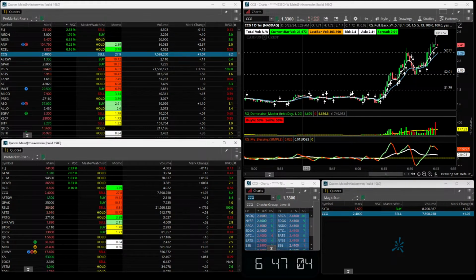I think we might see a retest of 230 coming up here soon. So it may pull back.